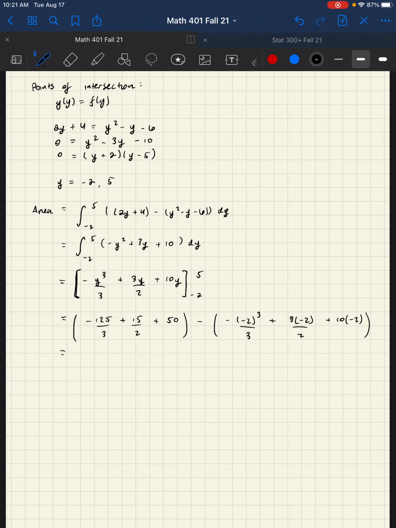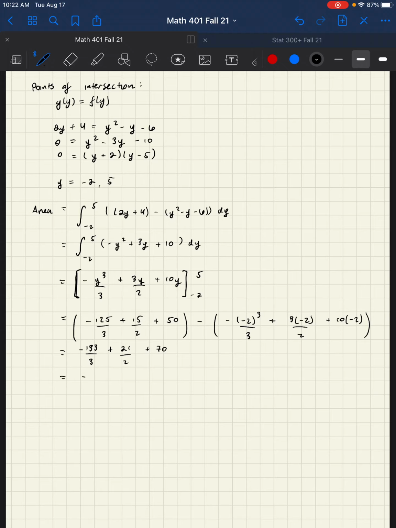And when you simplify that, you're welcome to skip some steps here and there. But for instance, you can combine all the fractions over 3, the fractions over 2, and then the whole numbers. So this will end up being negative 133 over 3 plus 21 over 2 plus 70.